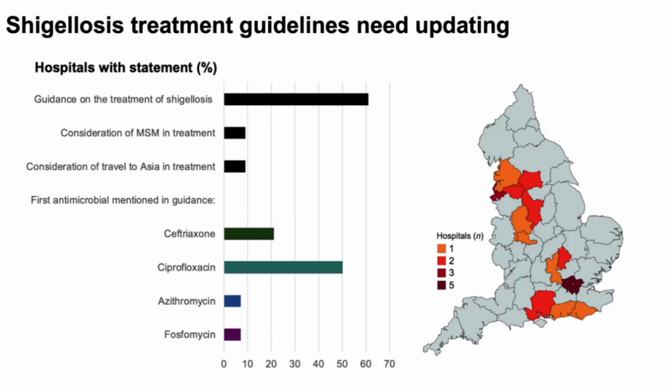So I asked 23 hospitals across the country what treatment they used. On the right is a map showing the location of the hospitals that I asked, and on the left are their responses. As you can see, they are in fact using ceftriaxone, ciprofloxacin, and azithromycin, which I just showed you those isolates being resistant to, which was concerning.